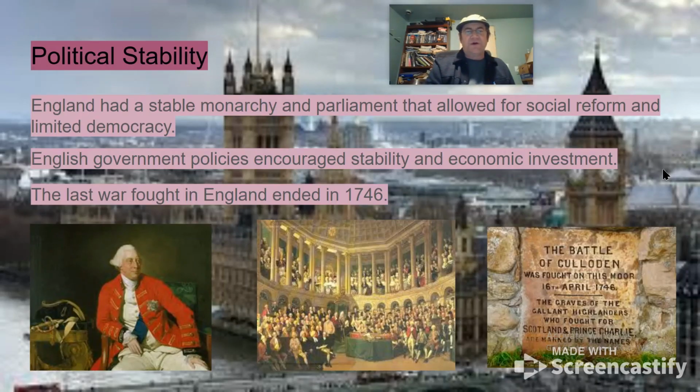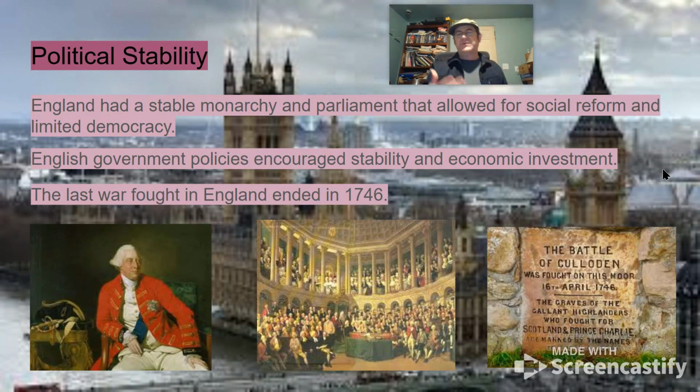England also had a high degree of political stability in the late 1700s and early 1800s. England had a stable monarchy and a parliament that worked together, and while there wasn't democracy in the sense that we understand it today, there was a very limited democracy.